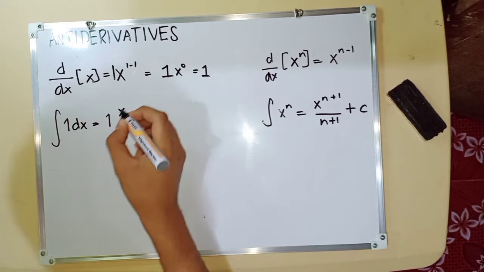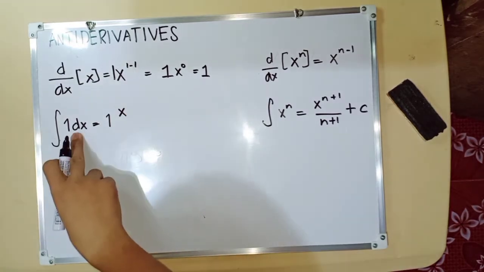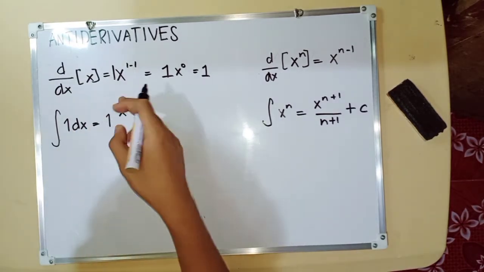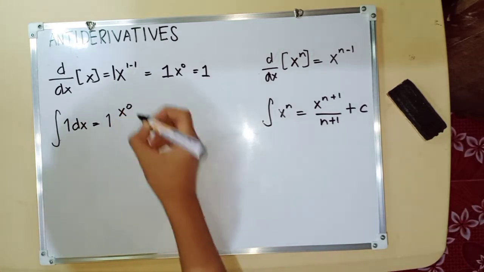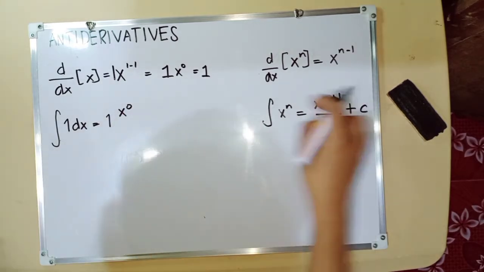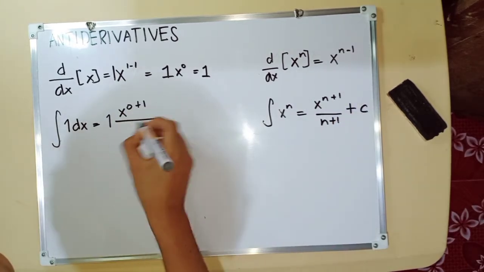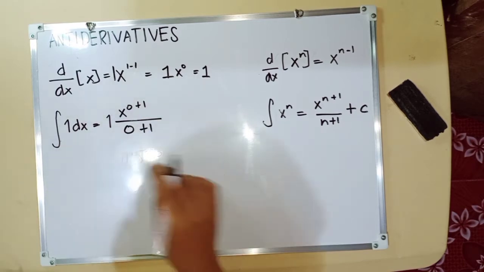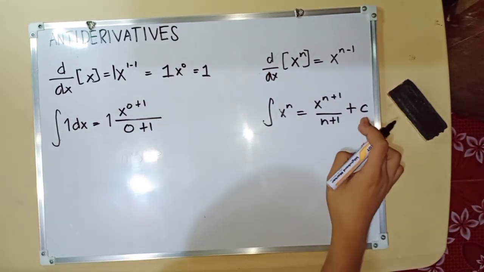So ang antiderivative ng 1 ay 1 times x. Dahil walang x dito, masasabi natin na ang x ay raised to the power of 0. So base nga sa rule, plus 1, then over 0 plus 1. Then wag natin kakalimutan ang constant of integration.